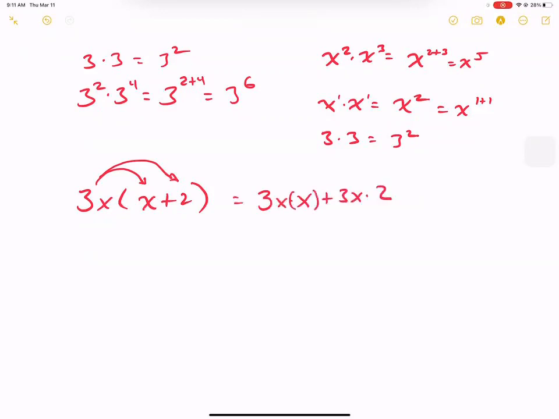All right, great. And this is called the distributive property. So we can distribute, and we have 3x times x is 3x squared, like we practiced a little bit ago. And 3 times 2 is 6x.